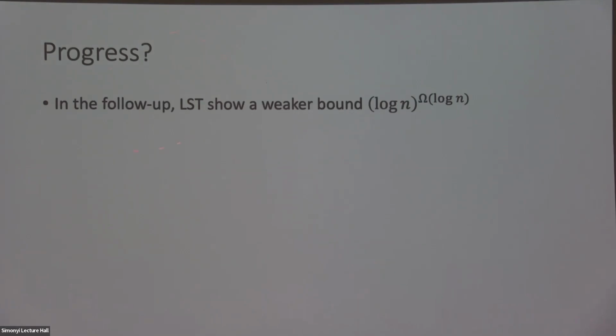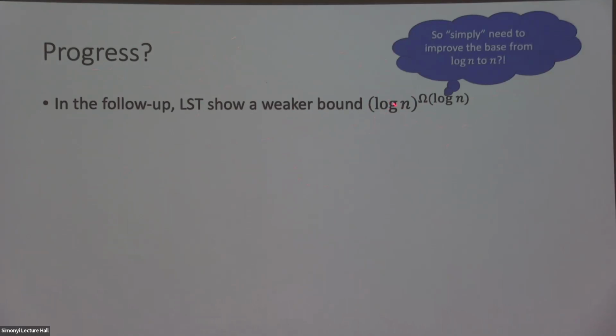And then LST, in this follow-up work, when the hard polynomial is the IMM, they manage to prove not the optimal n to the log n lower bounds, but log n to the log n lower bounds. So if you can improve this base log n to n, then it will imply general lower bounds.